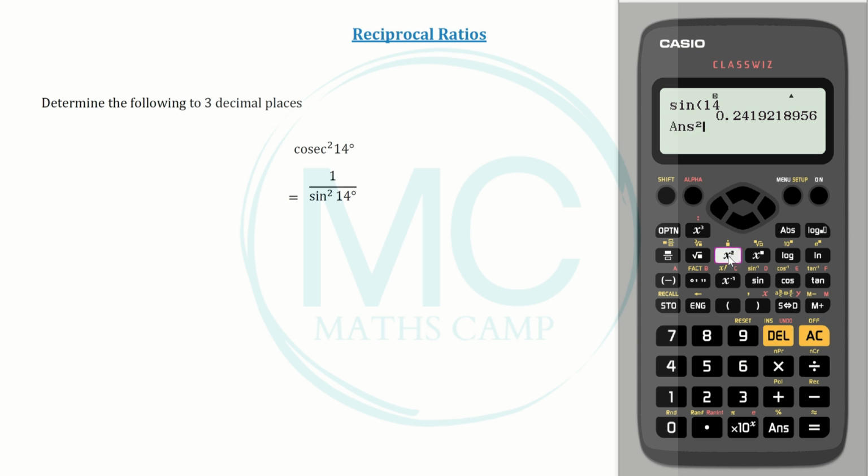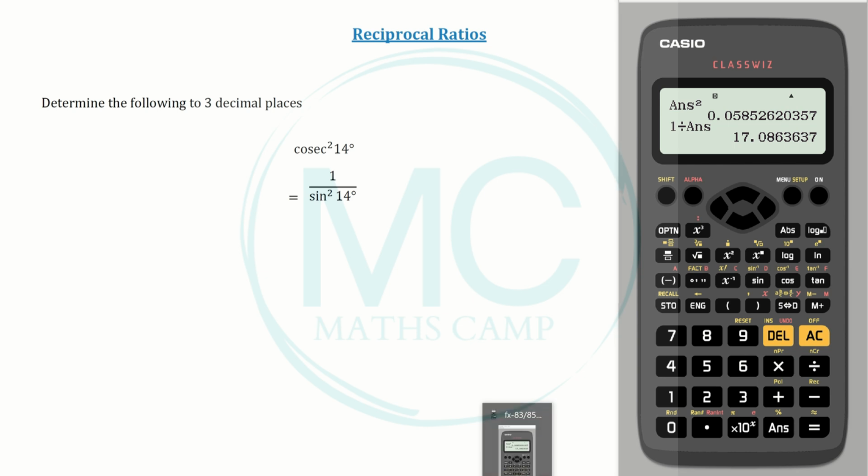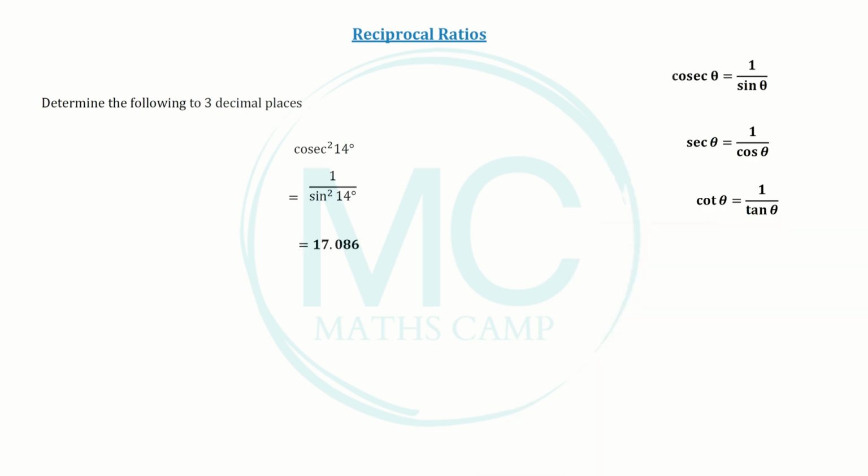Now we can square our answer. And finally, we can say 1 divided by our answer, sine squared 14. We get an answer of 17,086. And this is our answer to 3 decimal places.